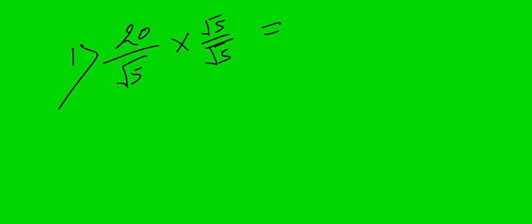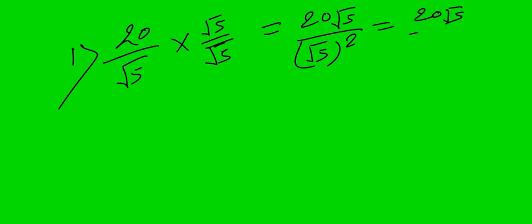So it will come 20 root 5, and root 5 into root 5, you will write root 5 squared, and you already know that root 5 times root 5 is 5. So it will come 20 root 5 upon 5, and when you cancel 5 with 20, it is cancelled 4 times. So finally we will get the answer 4 root 5.